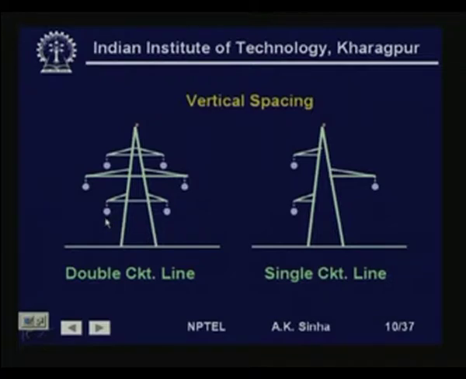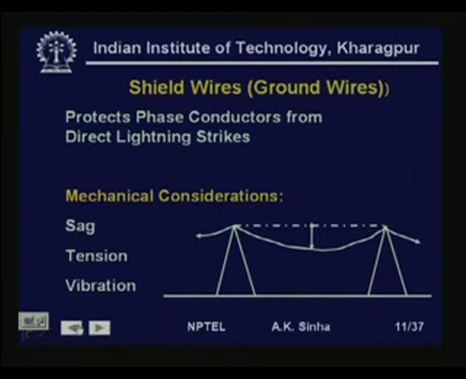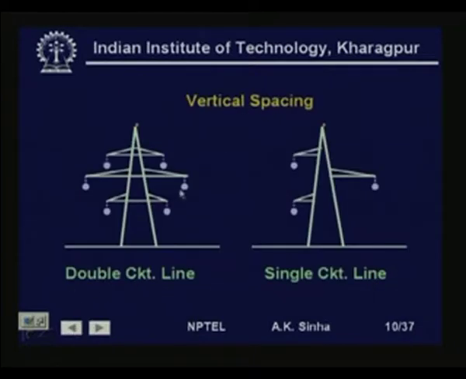C of one circuit are on this side and A, B, C of the other circuit are on the other side. This kind of arrangement is also used, especially putting this A, B, C here and putting A, B, C in this fashion.